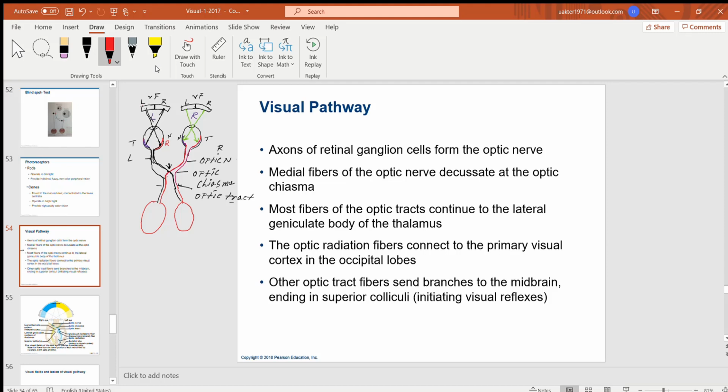Okay, now in the lateral geniculate nucleus you have 6 layers. Okay, so 1 2 3 4 5 6, same in this side, 2 3 4 5 6.